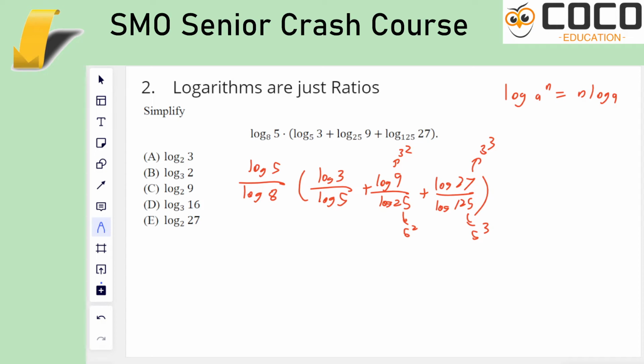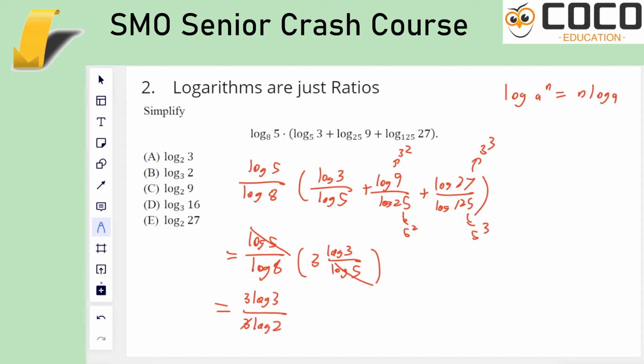That means that we effectively can take that out and cancel them out again, which means that all of them are going to just be log 3 over log 5, log 3 over log 5, and log 3 over log 5 again. So this cancels. And log 8 is 2 cubed, so that's also 3 log 2. So you get log base 2 of 3.